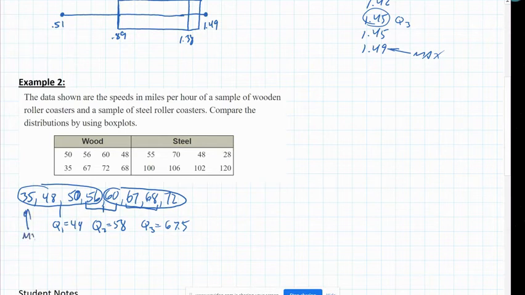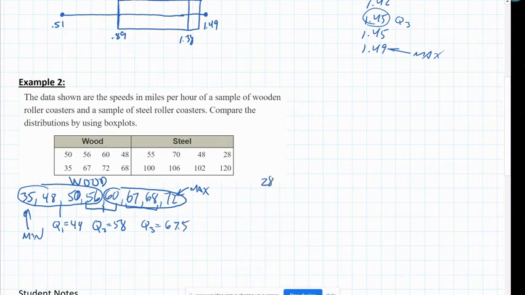And we have our min and our max. Okay, so that was for wooden roller coasters. They're the speeds of 8 different wooden roller coasters, and then the speed for 8 different steel roller coasters.